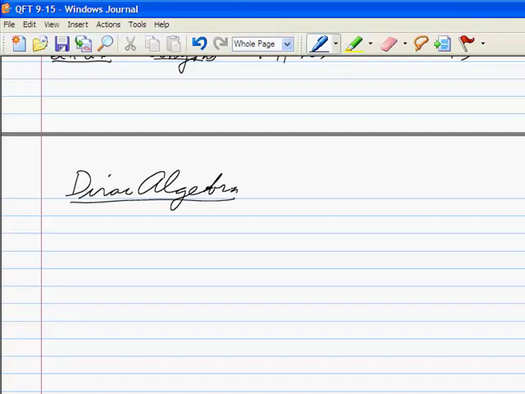So I want to do a few things on Dirac algebra because this is something that we sloughed over in the first course, and we have to get up to speed on that to do gauge theories. So recall for fermions, if we have this vertex here, it's minus i e gamma mu.